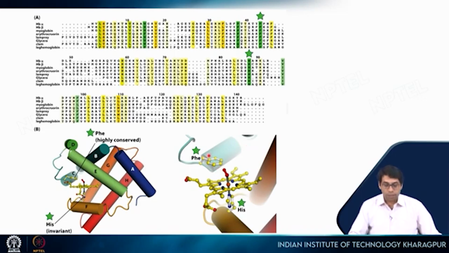So no other amino acid will be tolerated here because of this very strict requirement. That is why phenylalanine is absolutely conserved. So histidine and phenylalanine, these 2 amino acids are absolutely conserved. The remaining amino acids you can change, but again that change cannot be random. There are certain characteristics that have to be preserved at certain positions.